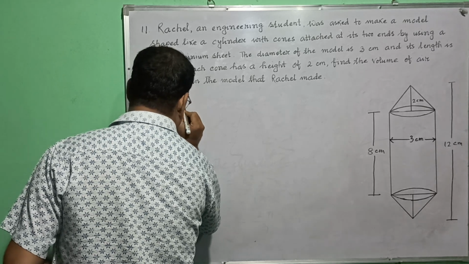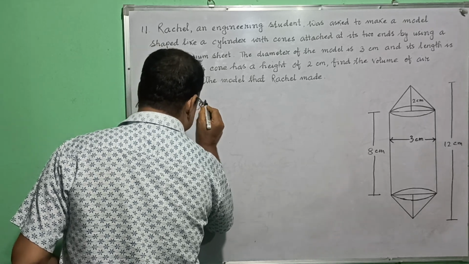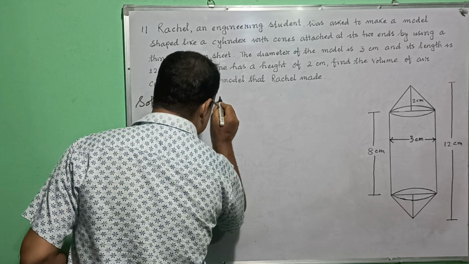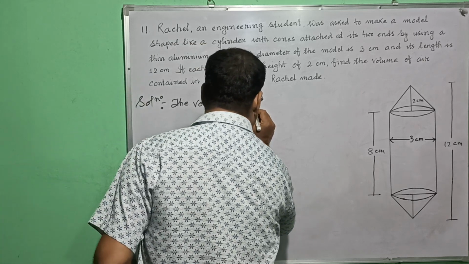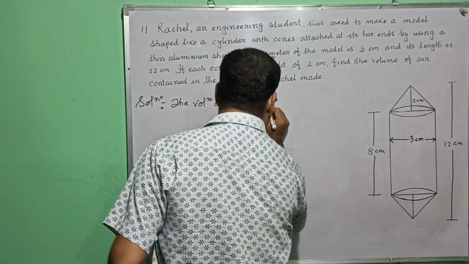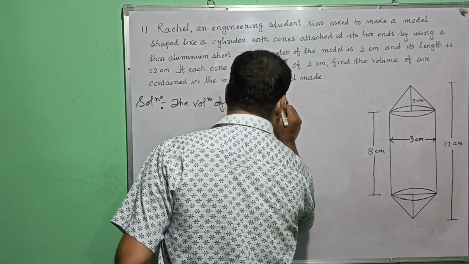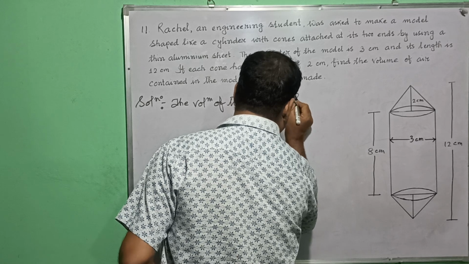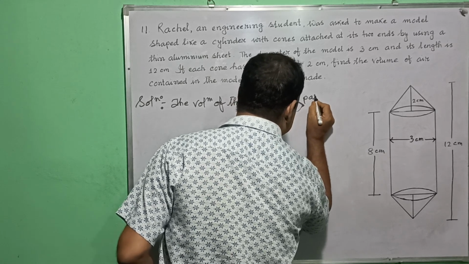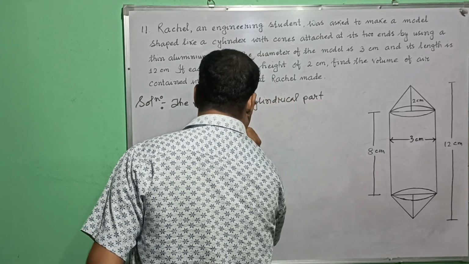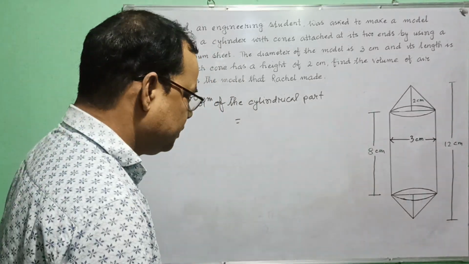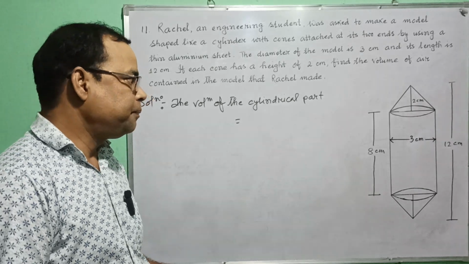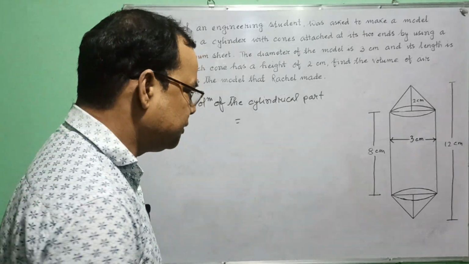Now we'll write the volume of the cylindrical part. What is the volume of the cylinder? It is pi r square h.